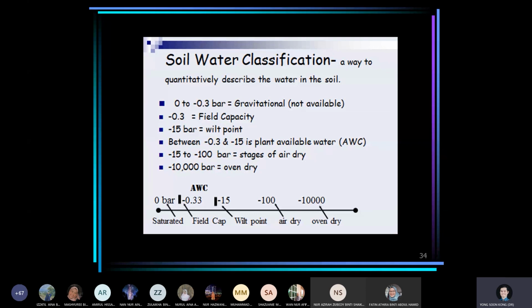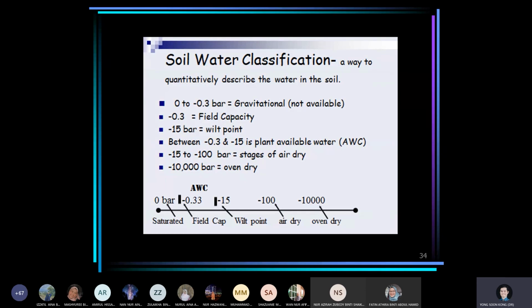I don't know the exact value, but you can see the difference, the scale of the water potential, and it's paired to the different conditions. Now, you don't have to worry about the numbers. I won't ask you what is the water potential in bars if a soil is oven dried. Possibly not.